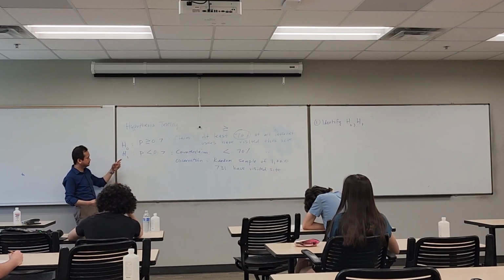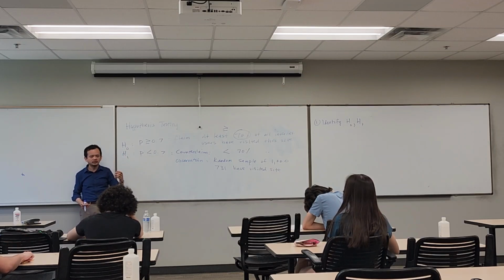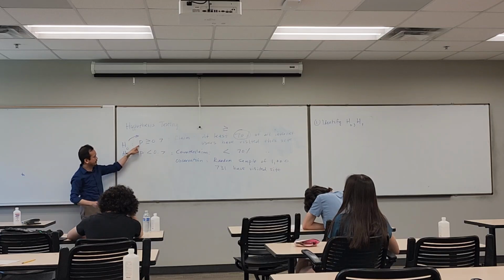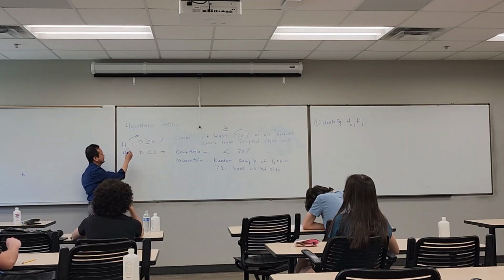Because of that, we can actually go one step further and strip away everything except for the equal sign, and the null hypothesis itself is just P equals 0.7.